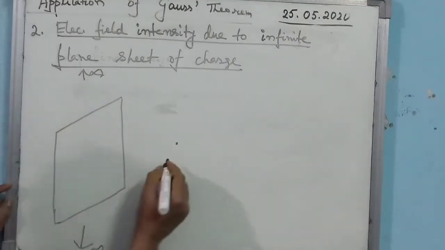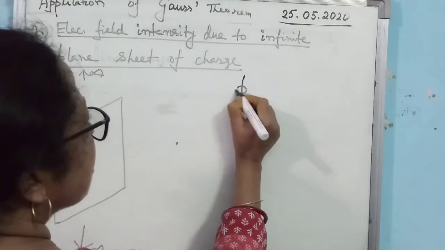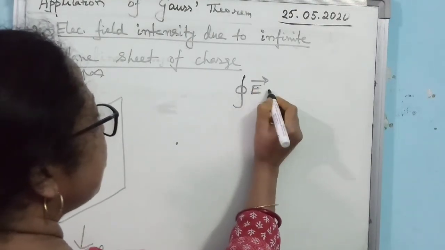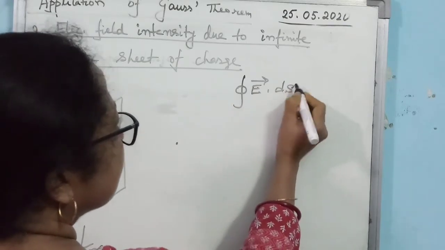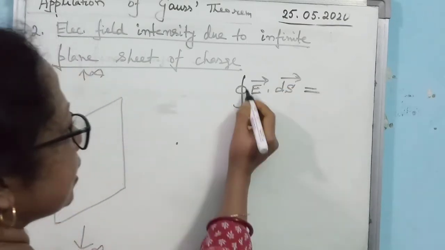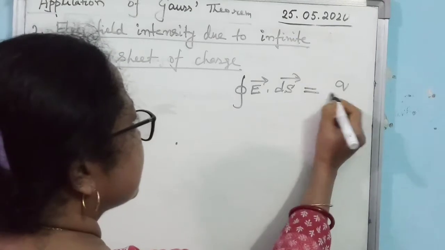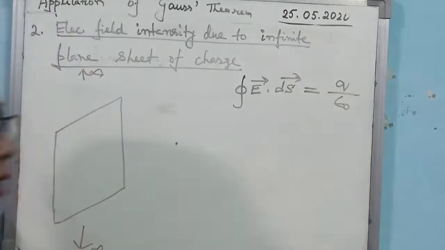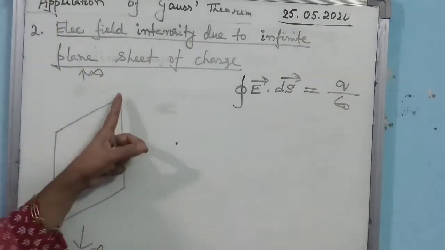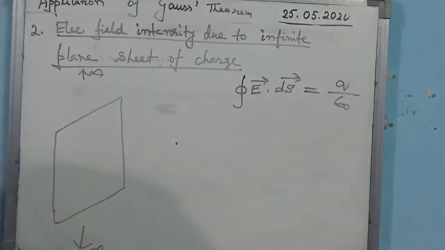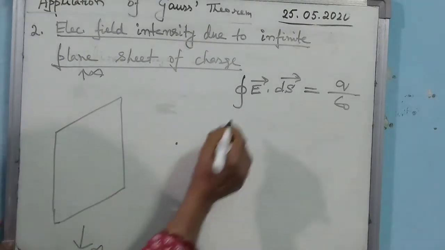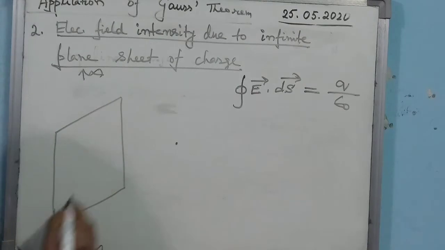Now in this case also we will apply the Gauss's theorem. So Gauss's theorem, what does it represent? That integration E dot ds is equal to Q upon epsilon naught. Q is the charge enclosed by the Gaussian surface. And so the first step is what? We have to choose a proper Gaussian surface.